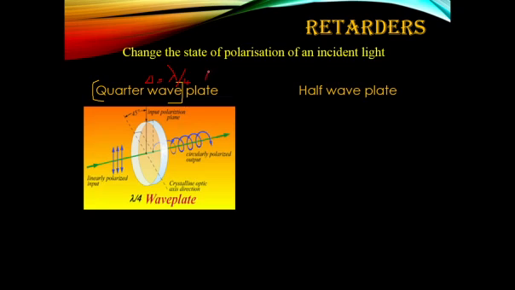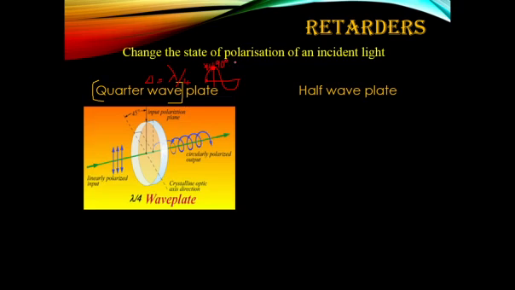Let us check what lambda by 4 corresponds to. Okay, so this is 0 and this is lambda by 4 of a wave. So what is the value of phase here? Phase is given by how much? Yes, it would correspond to 90 degrees, isn't it? What is 90 degrees in radians?